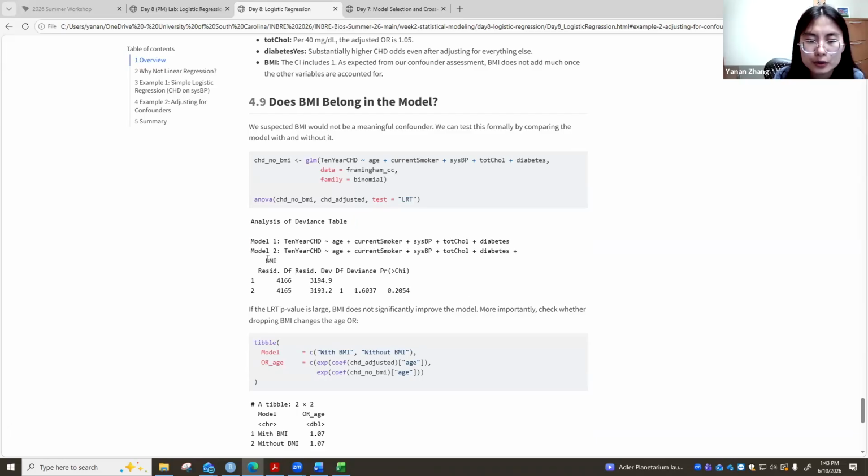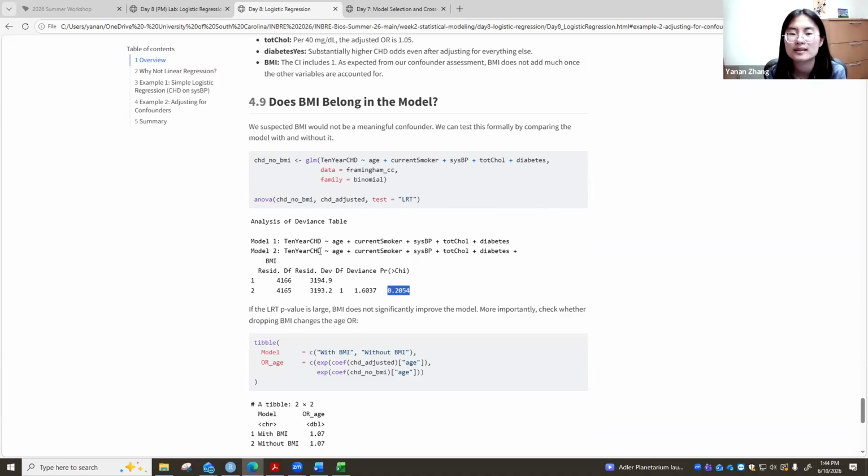It compared two models. Model 1 without BMI, Model 2 with BMI, and the p-value is 0.21, which is pretty large. That means we don't have enough evidence to say that these two models are different from each other.